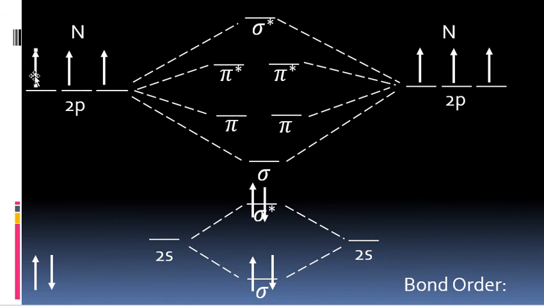So let's work on that. 1 electron will go to fill the lowest sigma bonding orbital, and one of the electrons on nitrogen is going to get a spin flip and be used to fill the remaining spot on this sigma bonding orbital. Now we still have 4 electrons left over. We are going to fill each bonding pi orbital once first. We're going to fill each with 1 electron first.